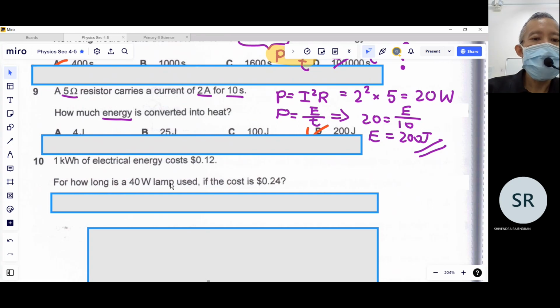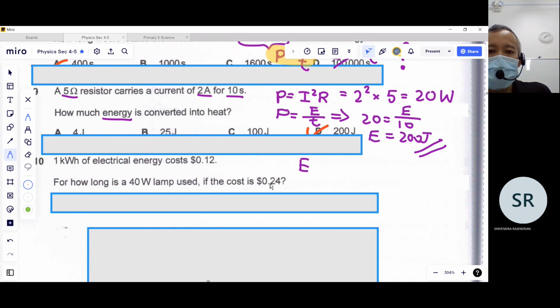Okay, 1 kilowatt hour of electrical energy costs 12 cents. For how long is a 40 watt lamp used if the cost is $0.24? So same thing, energy equals to kilowatt times hour.